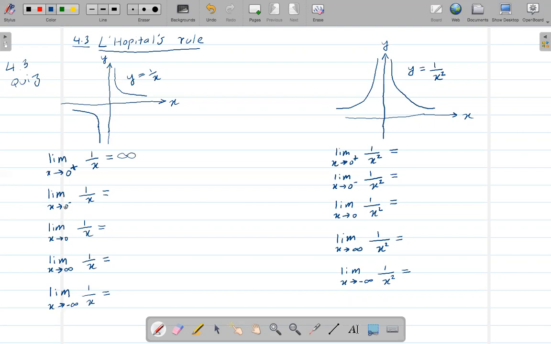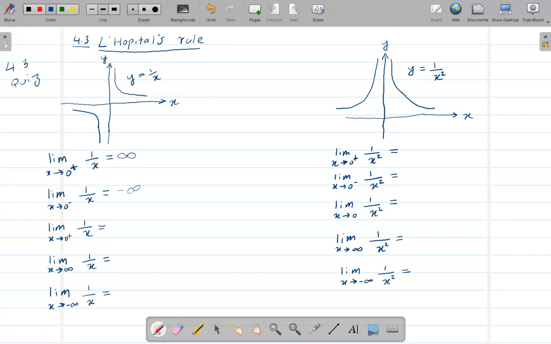Similarly, if it approaches 0 from the left, then it's going towards negative infinity, right? And for this one, there is no plus or minus on the top.